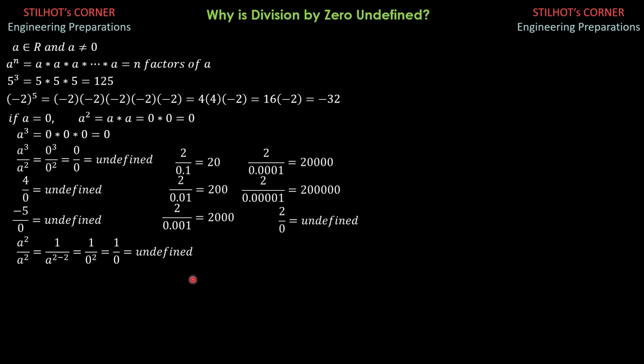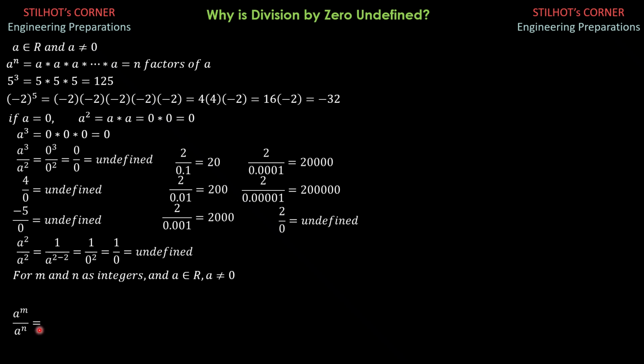So for m and n as integers and a an element of R which is not equal to 0, take note, not equal to 0, then a raised to m over a raised to n has 3 possibilities.